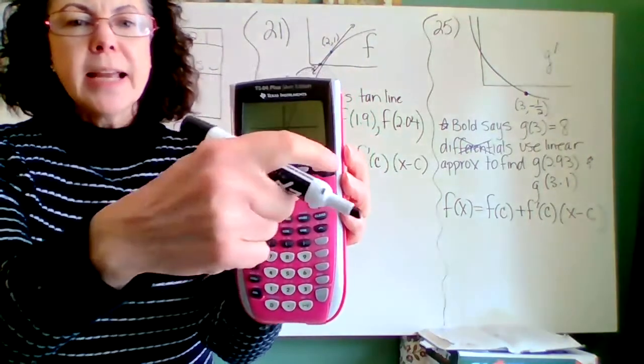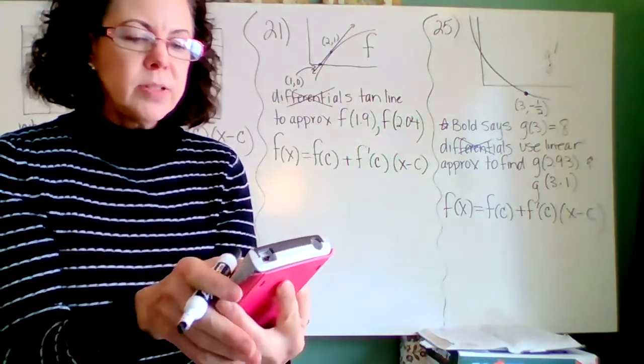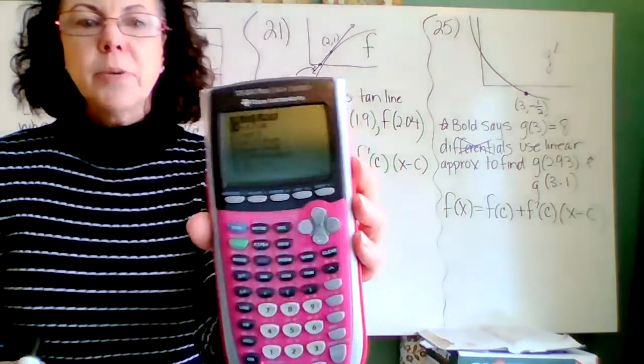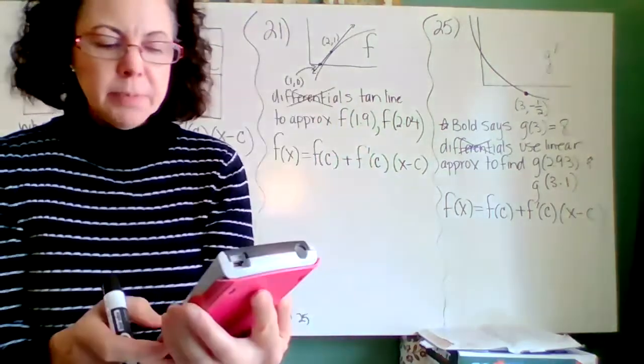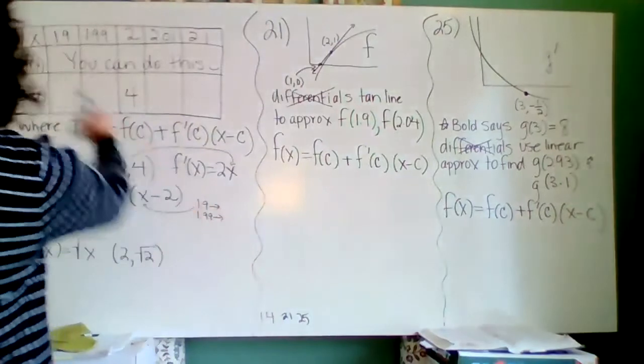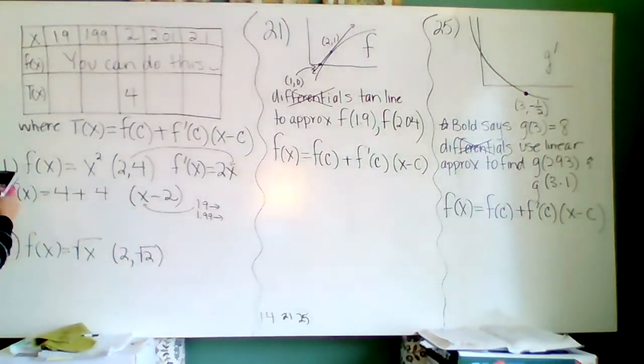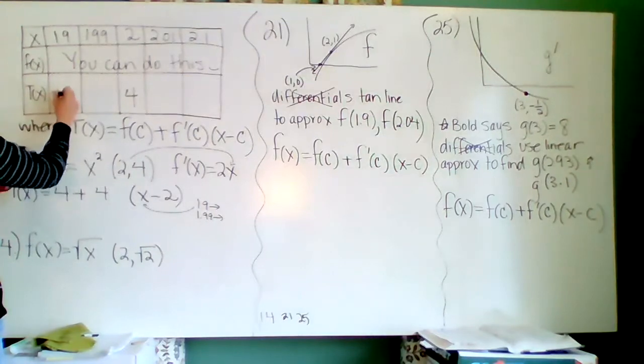And now I'm going to do second calc, well, it's second trace, and it gives me calc. Right, so second trace, and I'm going to pick number 1. I'm going to keep doing number 1. I hit the value button and it says, hey, what x do you want? Here are my x's. I'm going to put in a 1.9 and I get a 3.6.